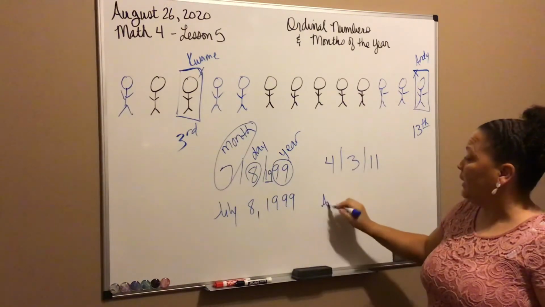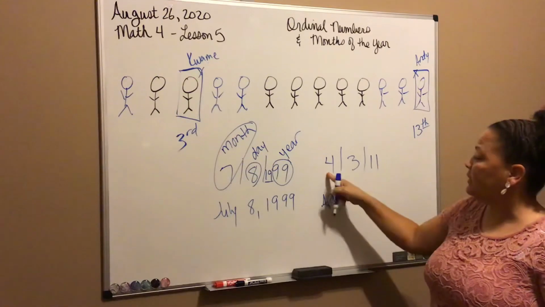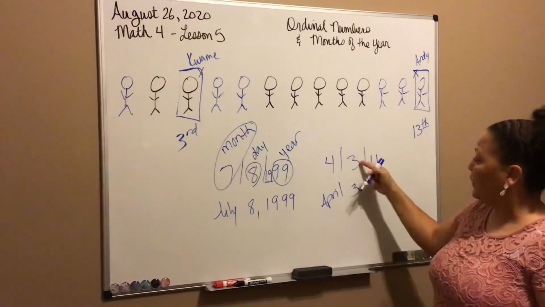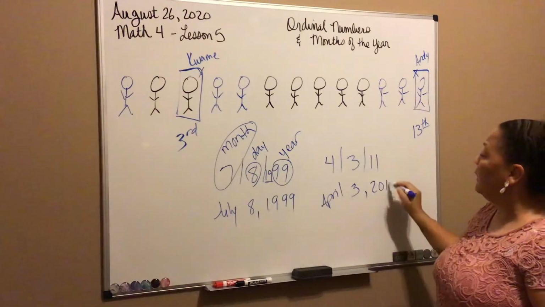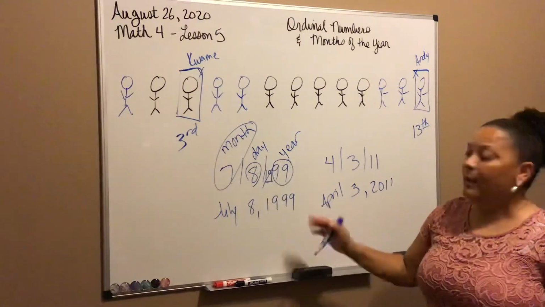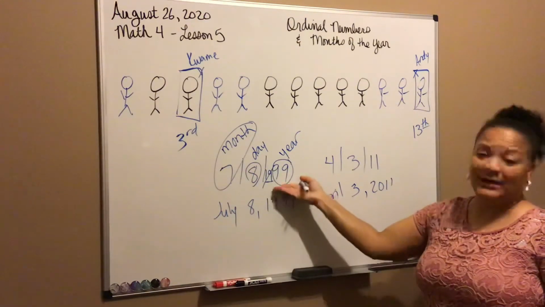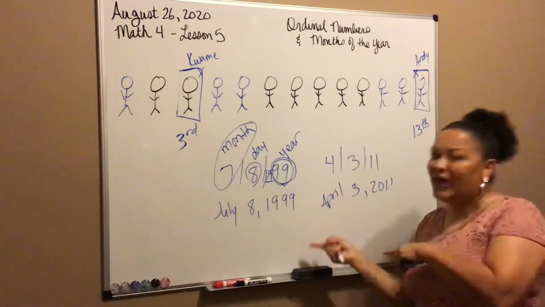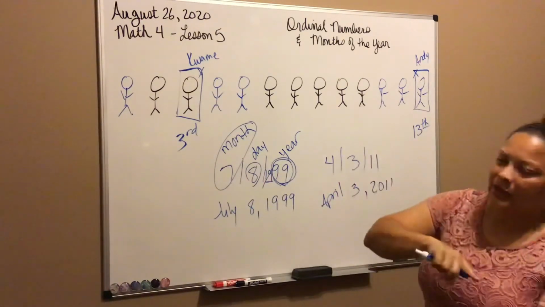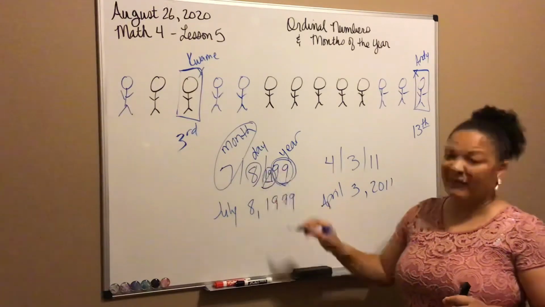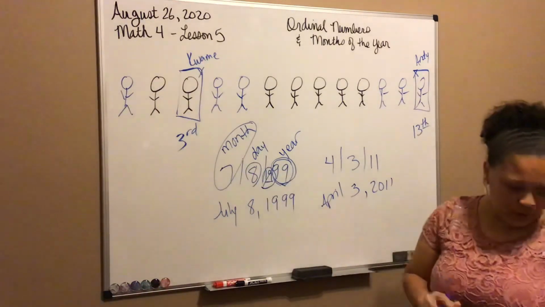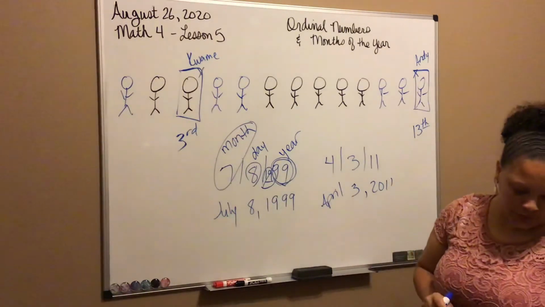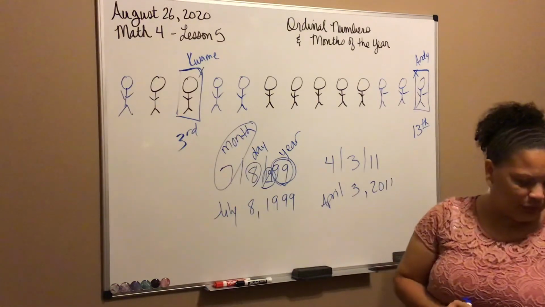That would be like April, right? Because April is the fourth month. The 3rd, 2011. We're no longer in the 1900s. But if you see high numbers like this, just know that because we haven't gotten there yet, it would be the year, the century before. Okay, so just wanted to point that information out to you.